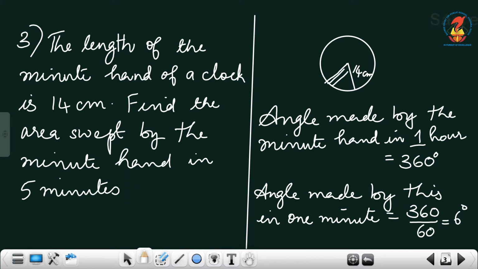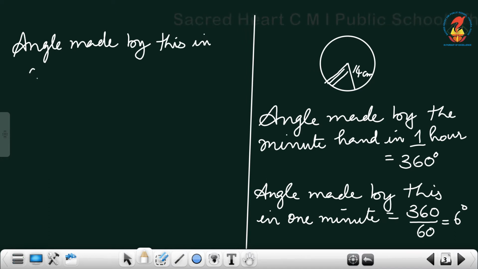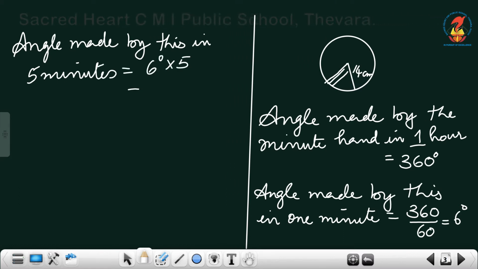So what we need is angle made by this in 5 minutes. Angle made by this in 5 minutes is equal to 6 degree into 5, which is equal to 30 degree. So this is the angle here. The angle here is 30 degree.